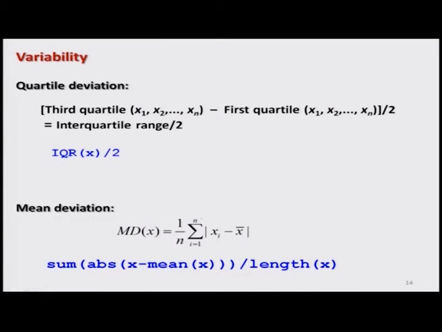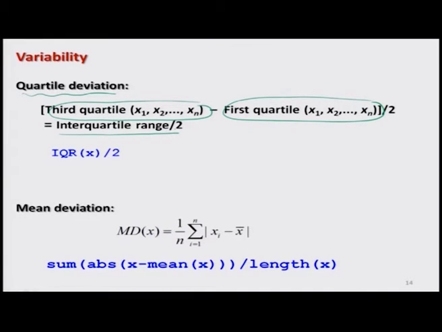Next measure is quartile deviation. This quartile deviation is another variant of the interquartile range in the sense that it is defined as the difference of the third quartile of the data minus the first quartile of the data, divided by 2. So, this is essentially half of the interquartile range.